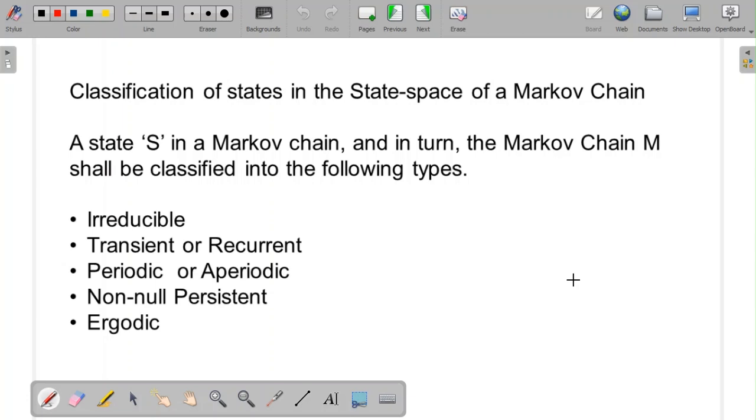We call a few states as transient or recurrent. Only one of them is possible. Periodic or aperiodic, where one of them is possible again. Non-null persistent as the third type, and ergodic or non-ergodic as the fourth. Now, based on all of this, a given Markov chain can be classified as an irreducible Markov chain. We'll look at how this happens.